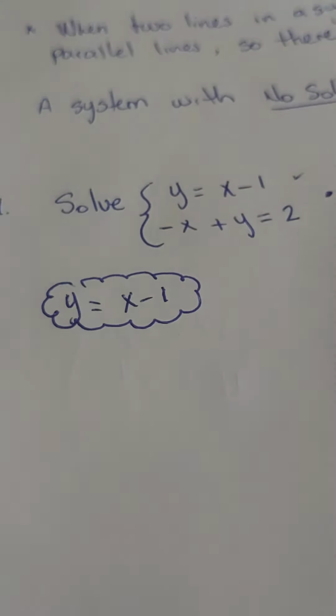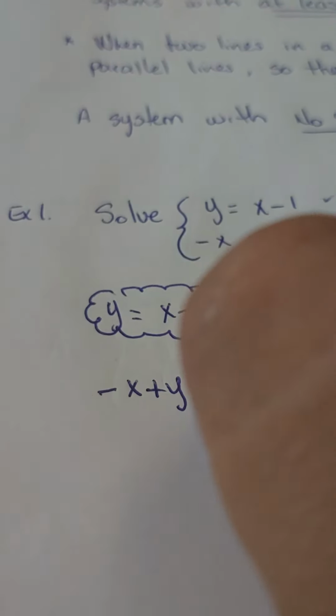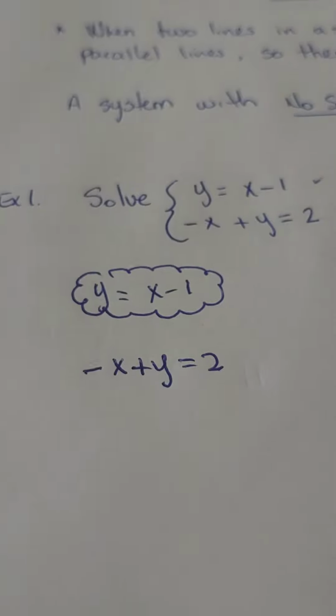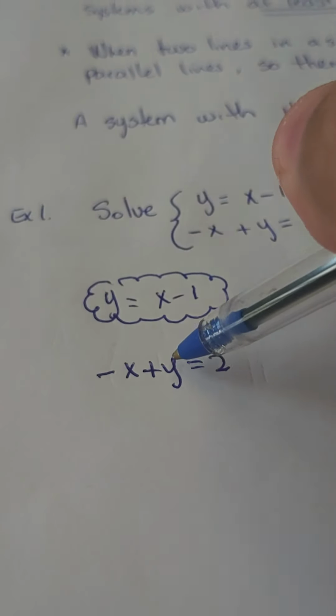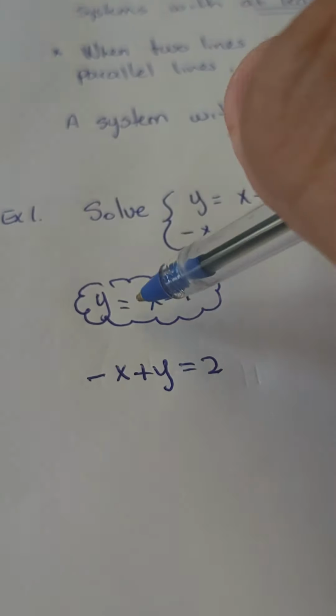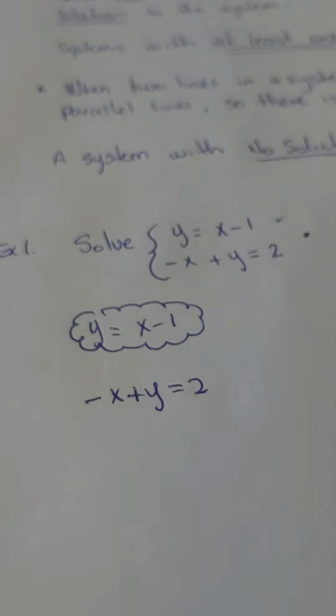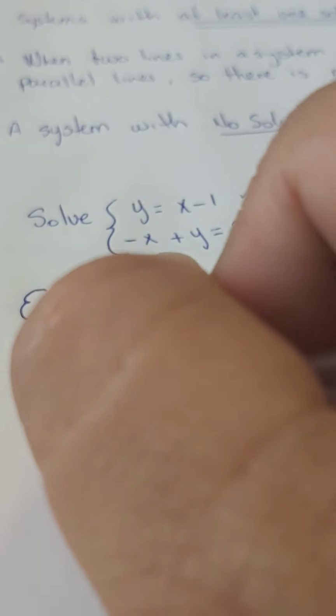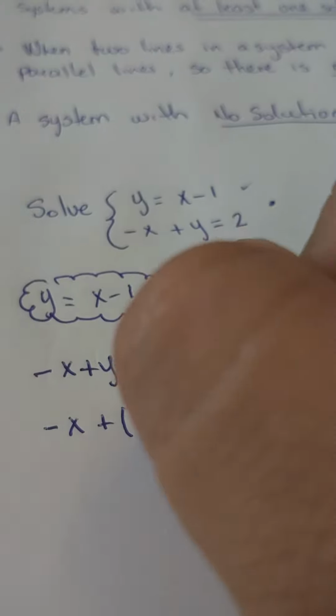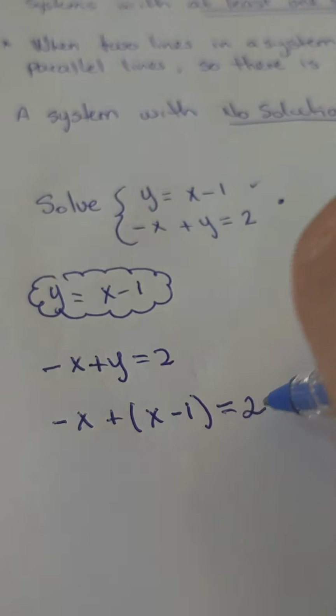Now we select the second equation, negative x plus y equals 2. Now we're going to substitute. Instead of writing y, we're going to write x minus 1. That is substitution. So that means negative x plus x minus 1 equals 2.